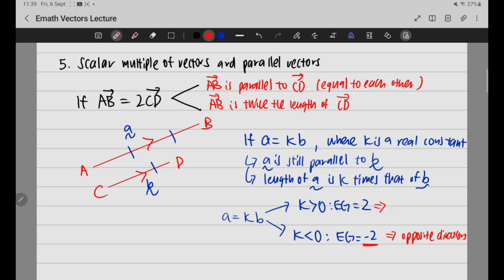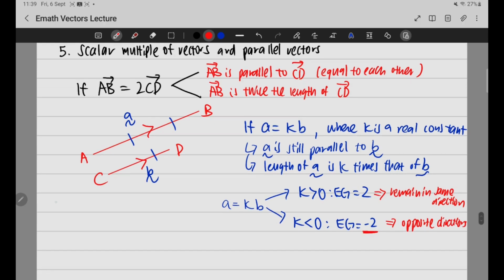And for the top one, it will remain in the same direction. So for example, let's say AB is (2, 4) and CD is (-1, -2).